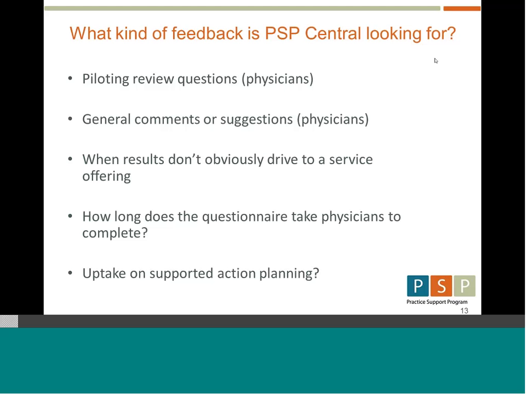Yeah, good point. Maybe I am speaking too strongly when I say it's not the tool that we're going to use. At this point we've been thinking about it as a way to identify practice level supports and services that are needed, but we know that we have to go higher up. So I wouldn't say it's not possible to use this tool. It's just that we haven't had those conversations with divisions, because we've always thought that this would be a way to aggregate and collect information, and then we would know from across divisions, getting this information from the GPs, what the needs were.